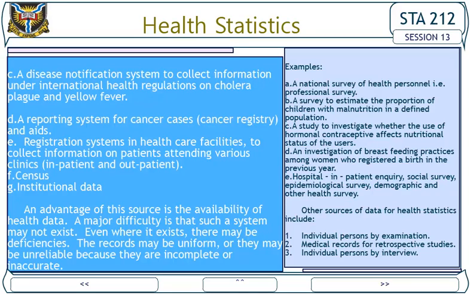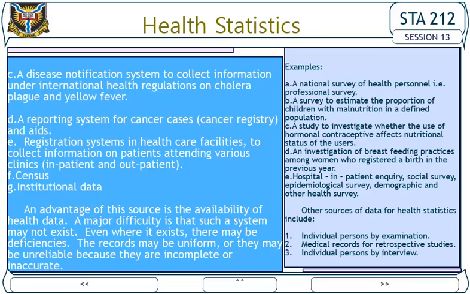C. A disease notification system to collect information under international health regulations on cholera, plague and yellow fever. D. A reporting system for cancer cases, cancer registration, and AIDS. E. Registration systems in health care facilities to collect information on patients attending various clinics, inpatient and outpatient.